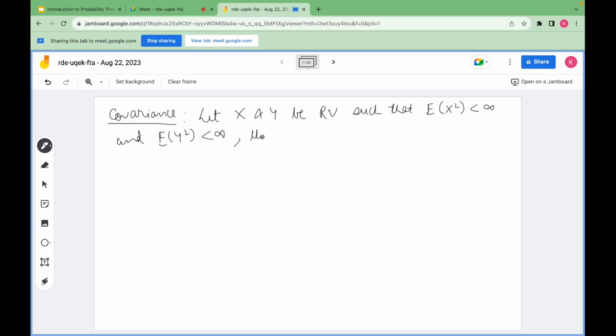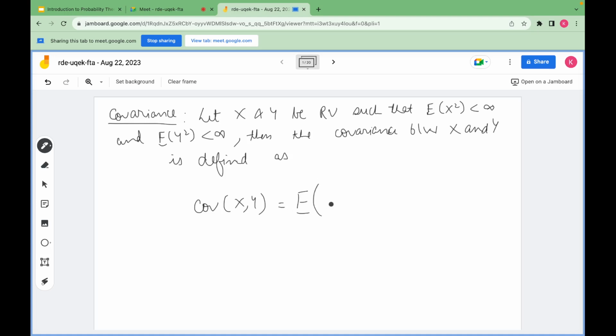Then the covariance between X and Y is defined as covariance of X comma Y is equal to the expectation of (X minus expectation of X) into (Y minus expectation of Y), the expectation of this multiplication. This is the covariance between X and Y.